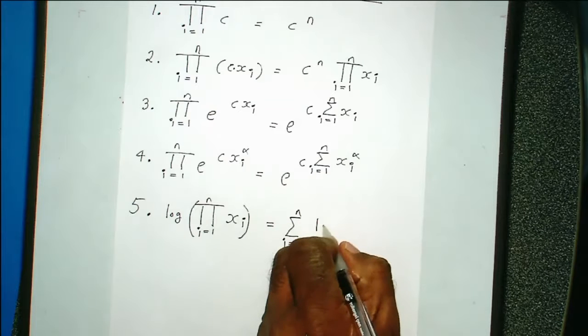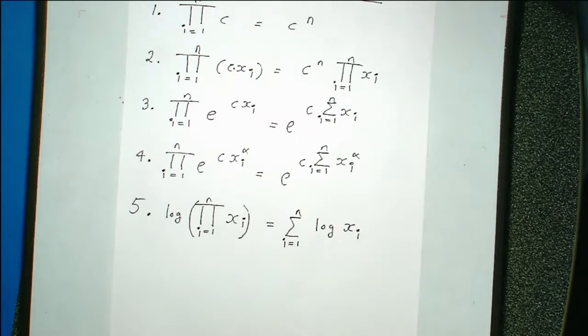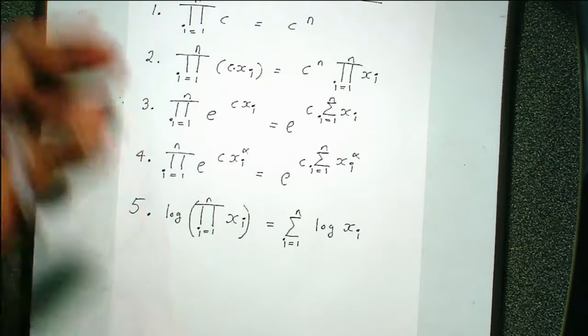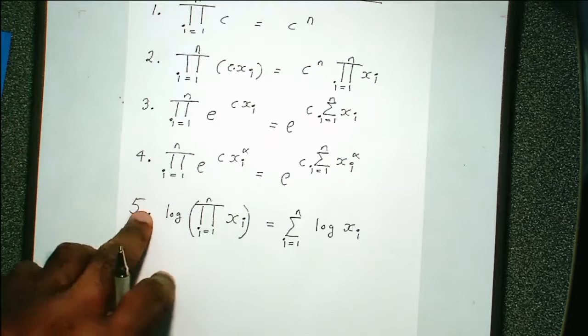This is what I was just saying a minute ago, that the log of a product is the same as the sum of the logs, right? So these are 5 identities involving products. I'm sure most of you know this. Maybe some of you don't know.